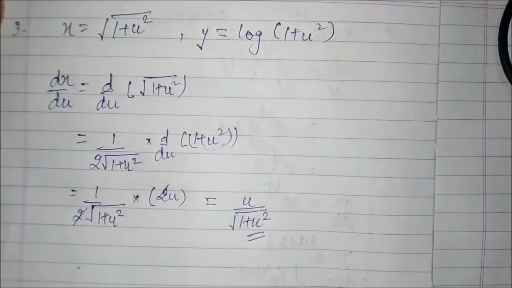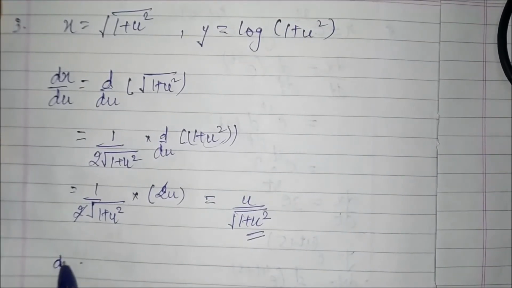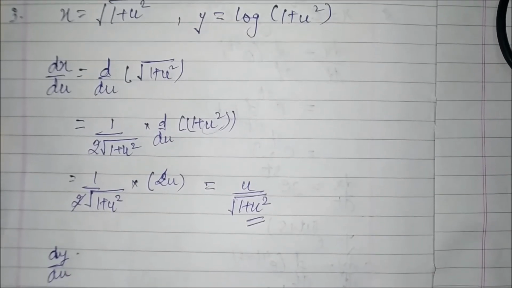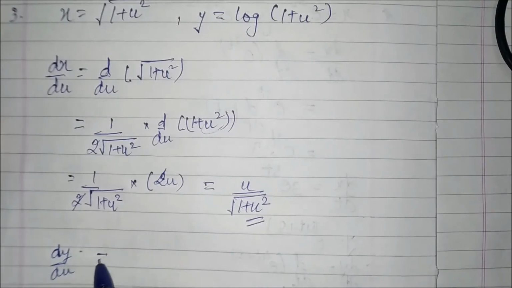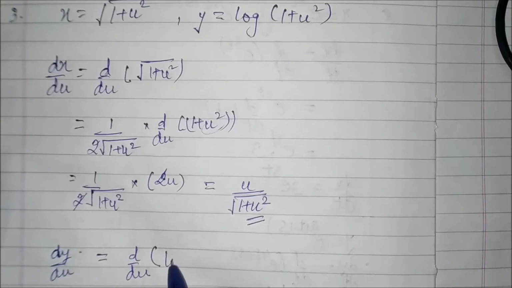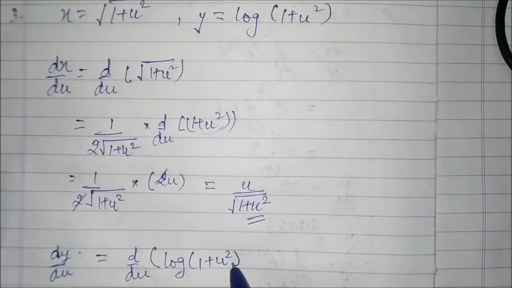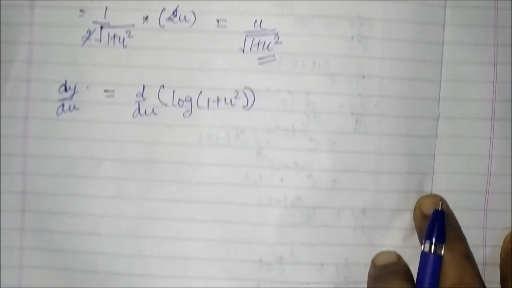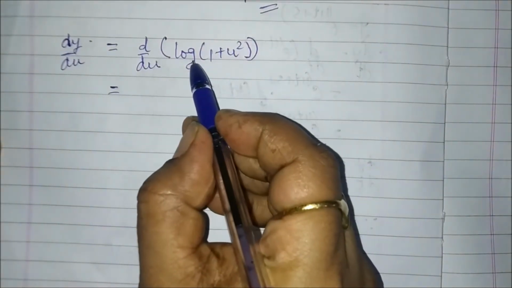Now we have to find dy by du. Okay, dy by du means d by du of log 1 plus u square. Okay, now see, it is given log, no?